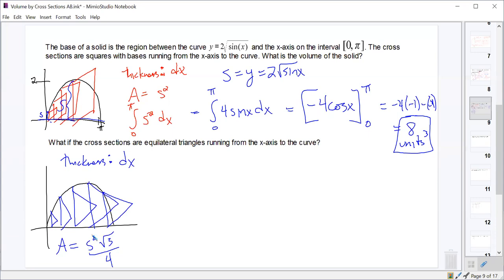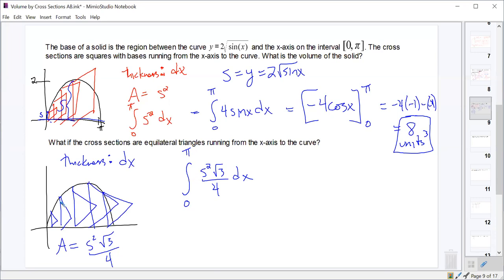The side squared times root 3 over 4. Very helpful. So what we need to do is integrate from 0 to pi side squared root 3 over 4 dx. And all we have to do is turn s for our side into terms of x.